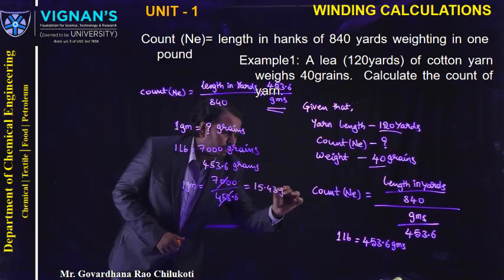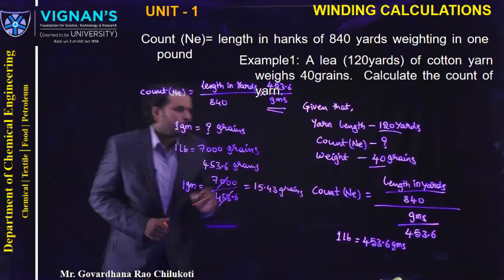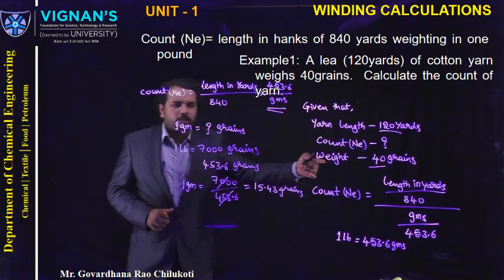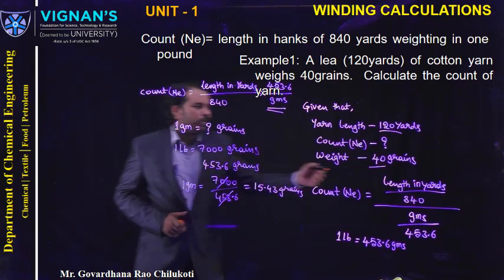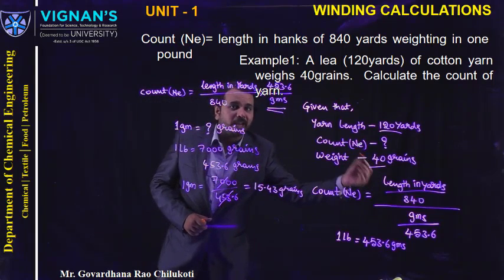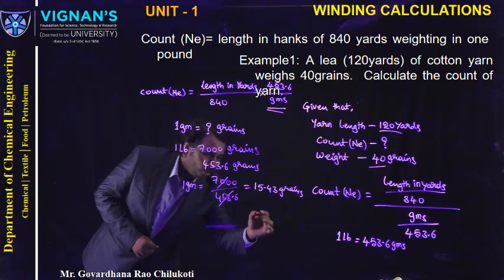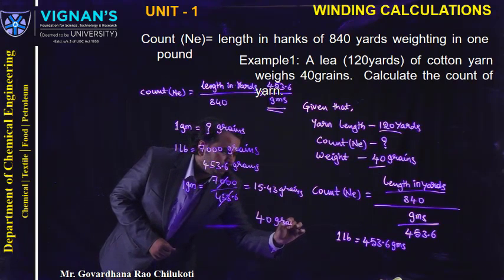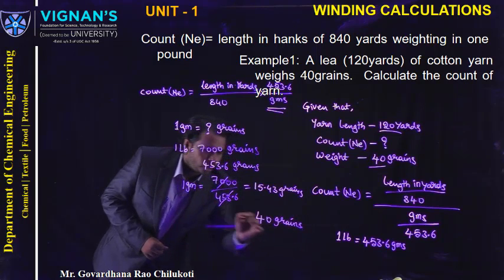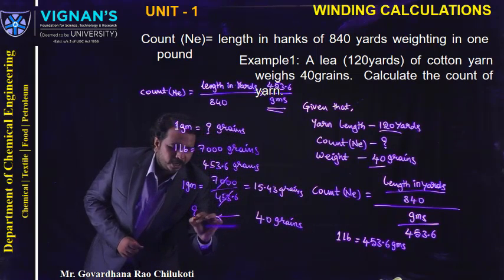So 1 gram is equal to this many grains. Now the given is 40 grains, and we need to convert these grains into grams. So 40 grains is how many grams?